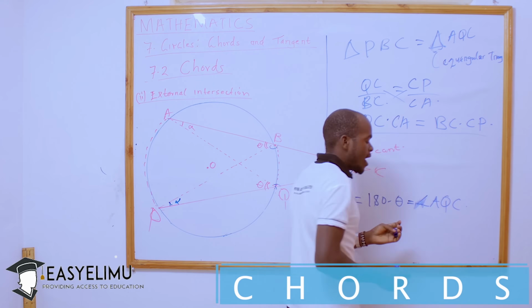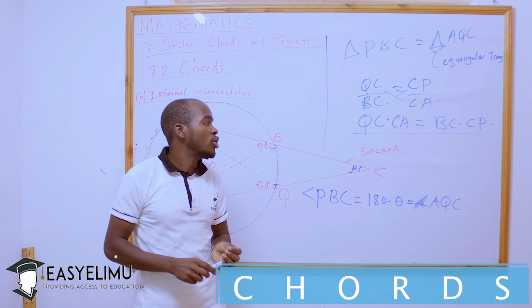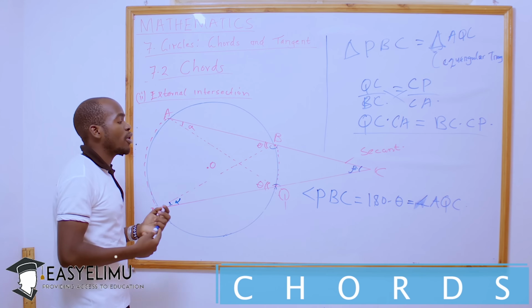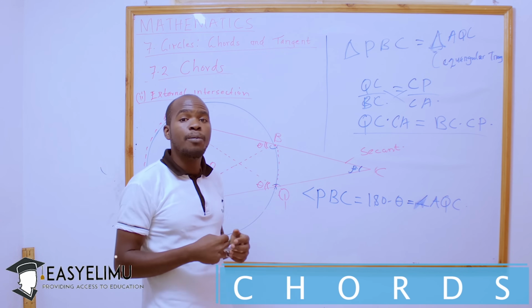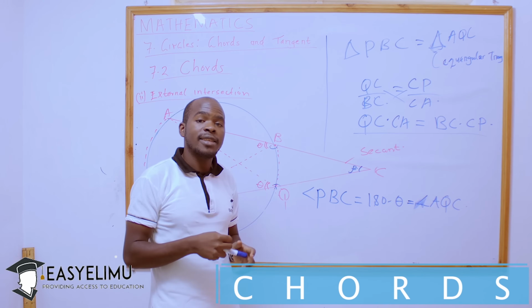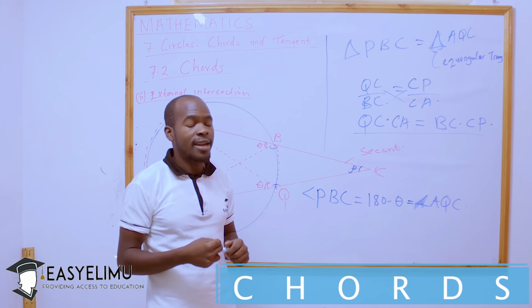And this relation, you shall be using it to calculate the missing length and also some of the angles in case it is possible in some problems involving chords that intersect externally.